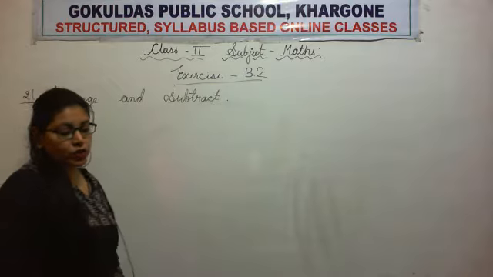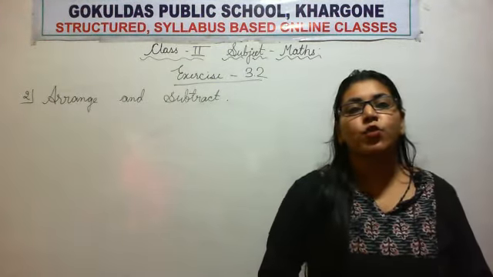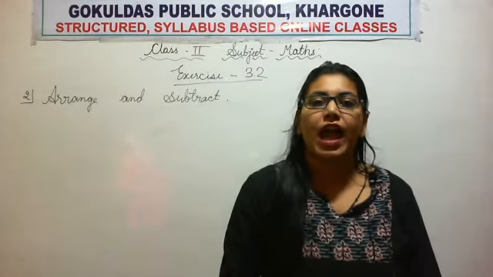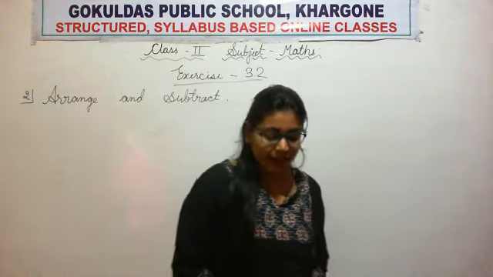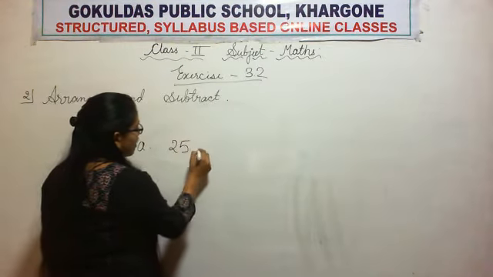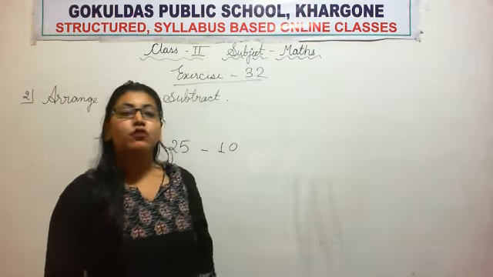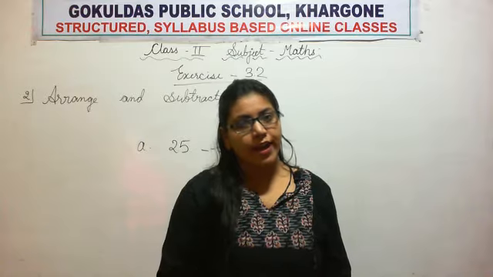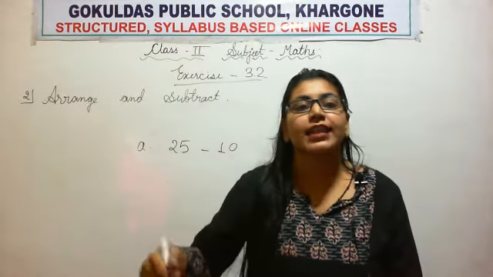So what is the difference between question number 2 and question number 1, which we did in the previous lecture? The only difference is that today's questions will be in this form. First of all, we have to find what is the minuend and what is the subtrahend, then arrange them and solve.